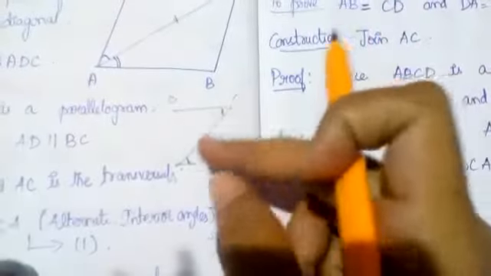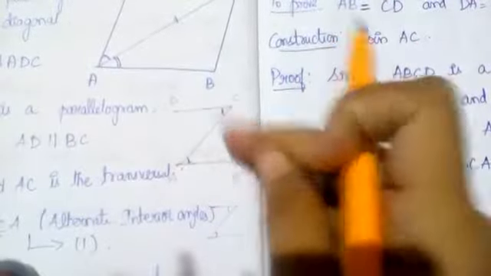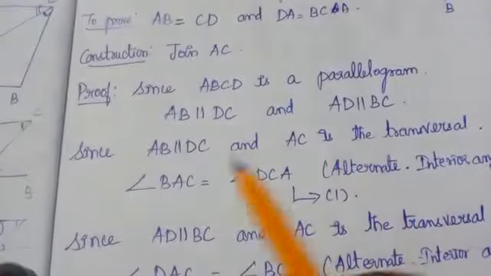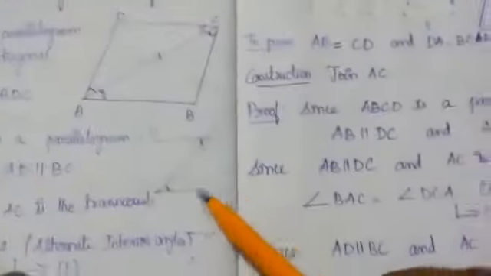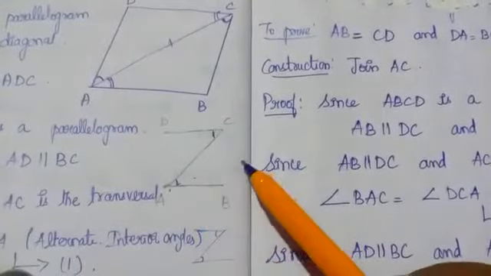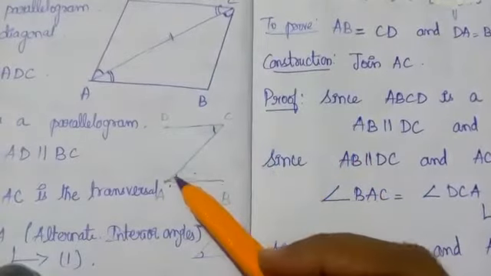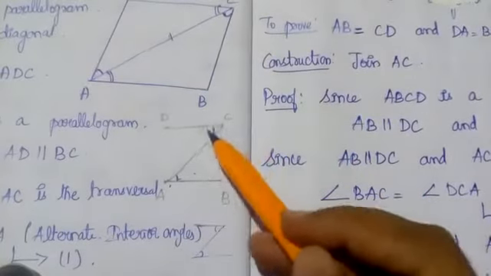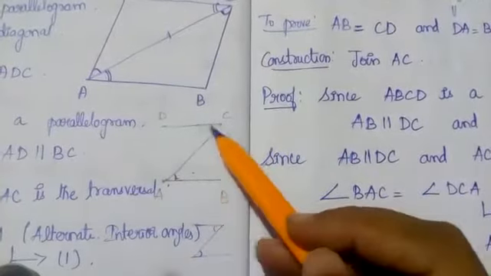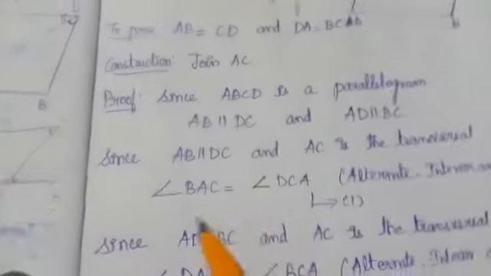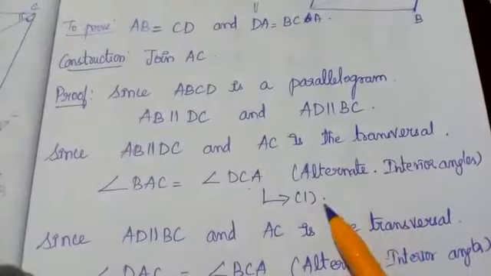So they are alternate interior angles, the Z shape. Alternate interior angles are equal, so angle BAC is equal to angle DCA.